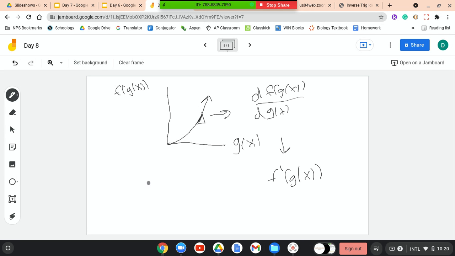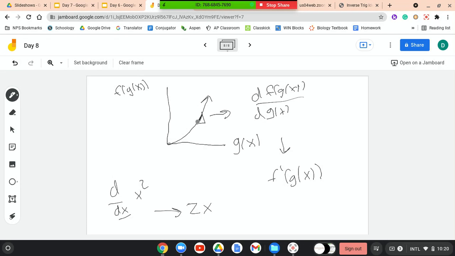Perfect. All right. And remember at the very beginning, we found the derivative of x squared, right? We said that the derivative of x squared with respect to our input is twice our input. Do you see what I'm saying? Yeah.